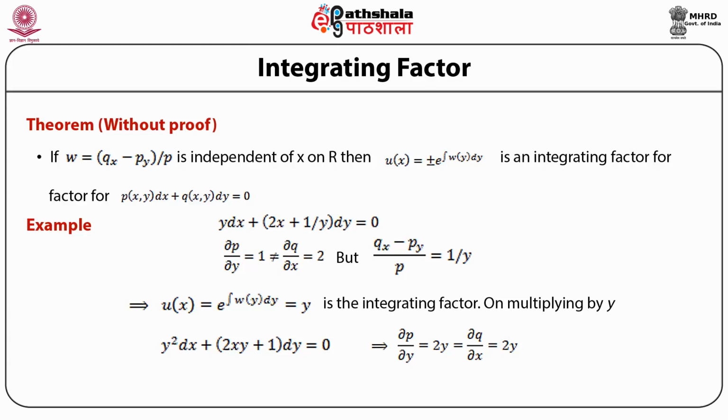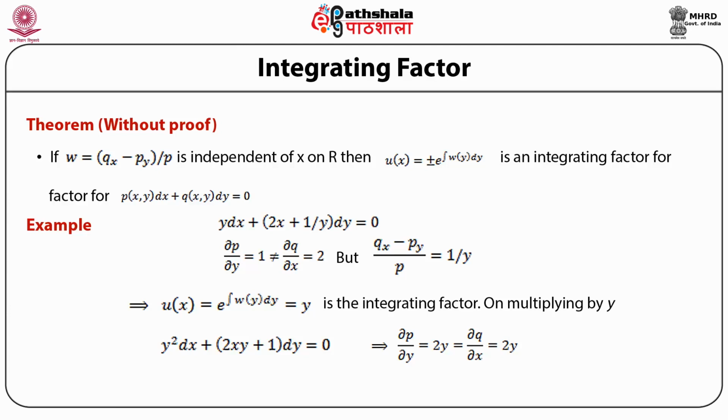However, (q_x minus p_y) divided by p is equal to 1 by y, which is independent of x.